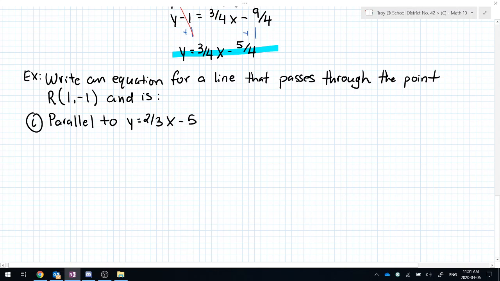Okay, well, if you remember from section 6.2, any line that's parallel to another line must have the same slope.